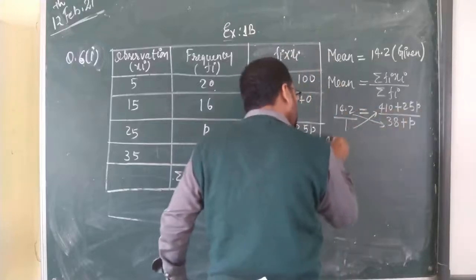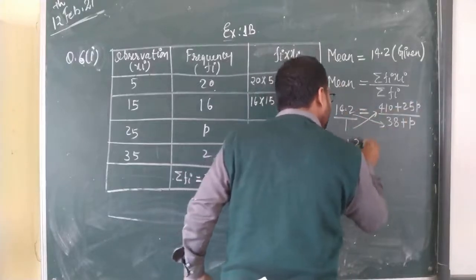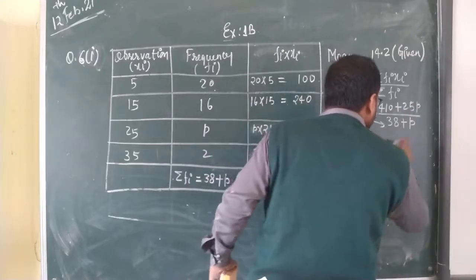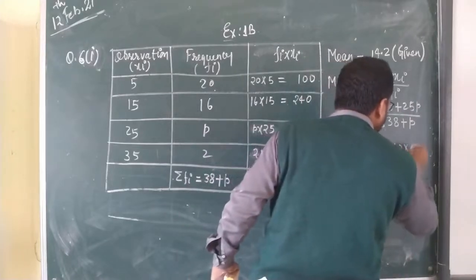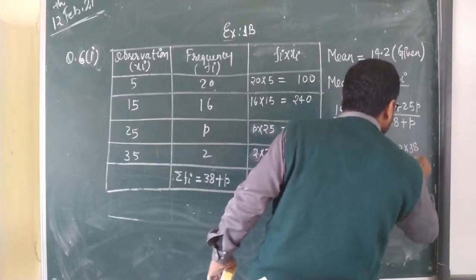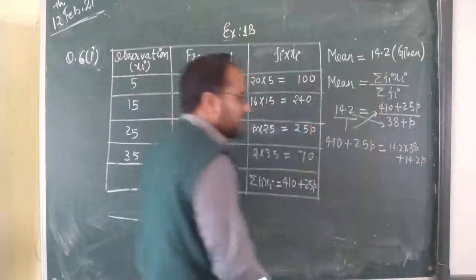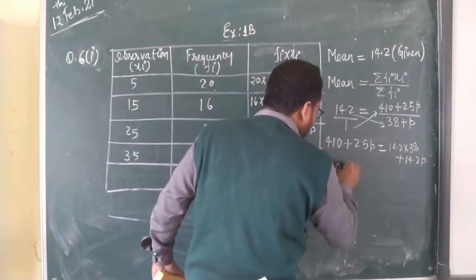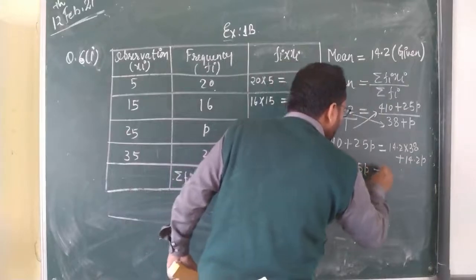So 410 plus 25p is equal to 14.2 multiplied into 38, plus 14.2 multiplied into p also. Okay, so one more step, 410 plus 25p.